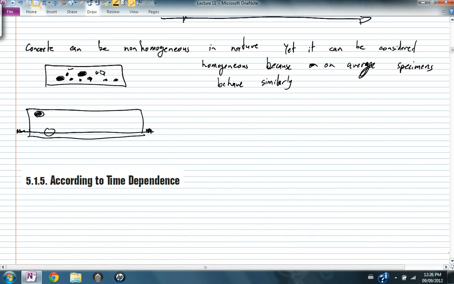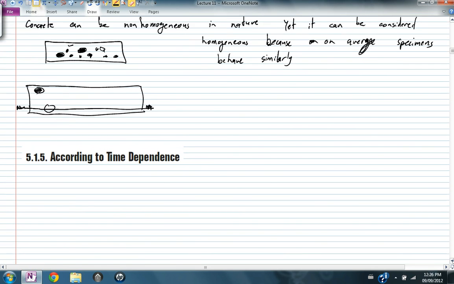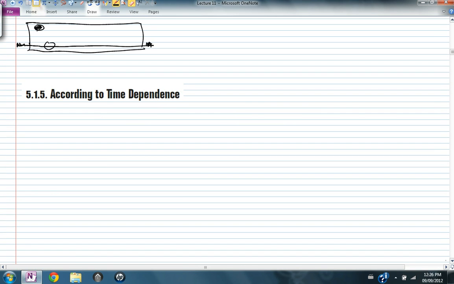We also classify materials according to time dependence. So in general, if you take a specimen to the lab and you pull it in a certain direction and you measure the response in another direction, the response will depend on how fast you actually pull the material.